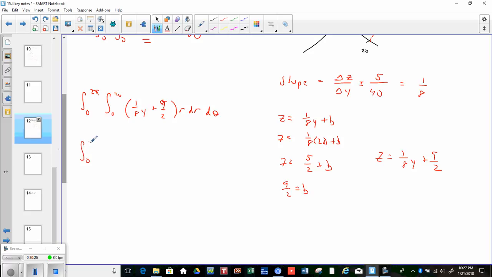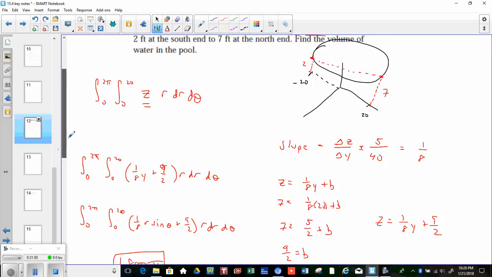That'll be 1/8 of r sine theta plus 9 halves, r dr d theta. The theta and the r are separable, and these are all constants, so you could use Fubini's theorem here. I am not going to go through the entire integration because we are running really long on this video, but you should end up with 1800 pi for the volume of whatever this swimming pool looks like underneath of that.